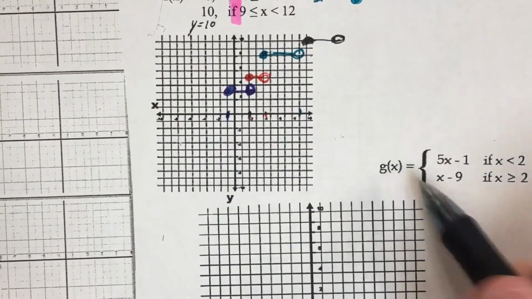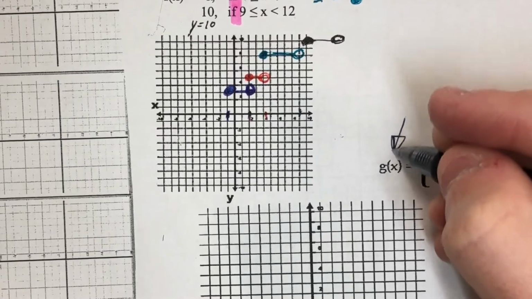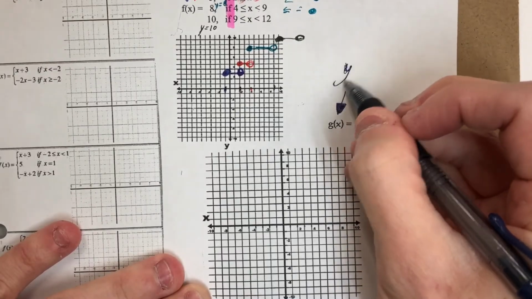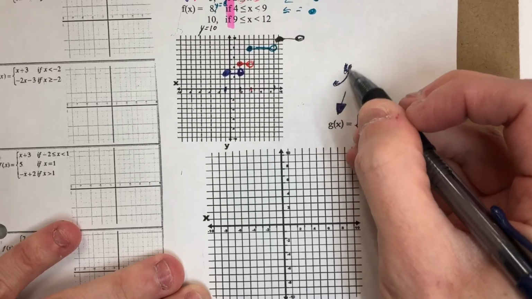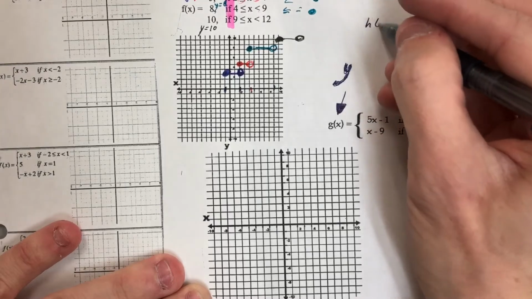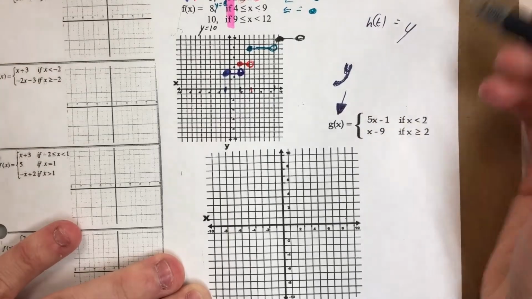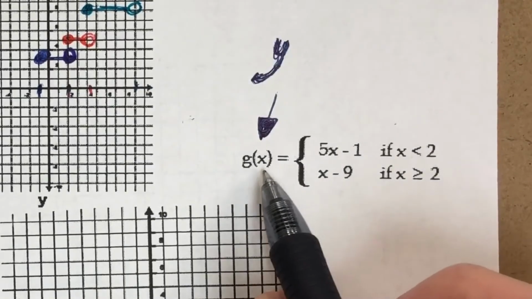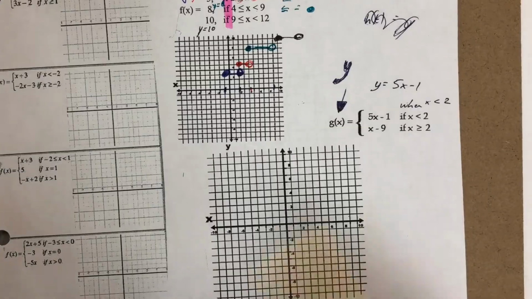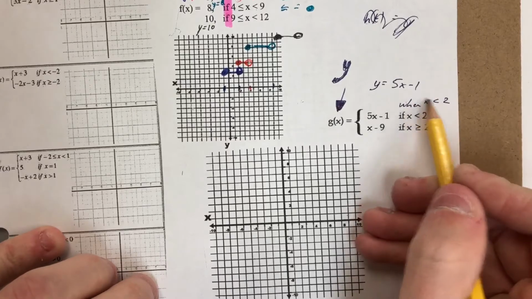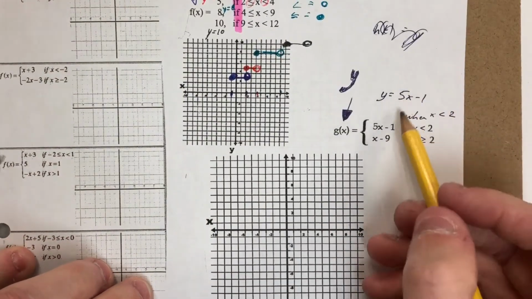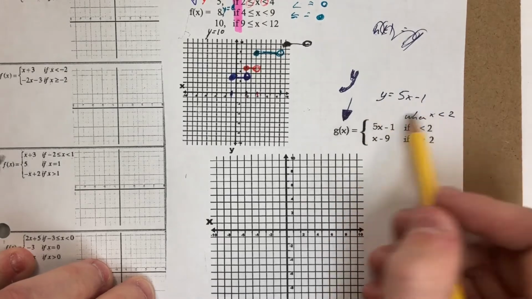G of x, what does g of x stand for? Yeah, it stands for y. So go ahead and write that. G of x is y. Anything of x is y. Even if it said h of t, it's just y. This is saying y equals 5x minus 1 when x is less than 2. So you want to basically graph it in pencil, just like you would if it was one single equation.